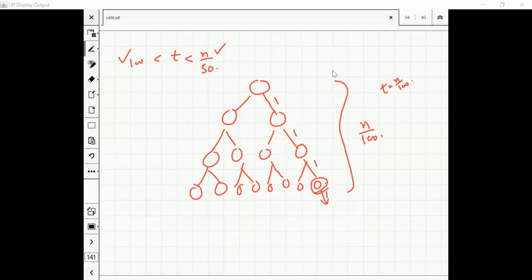If I have seen less than, let's say, t minus 1 ones, then for most of the remaining inputs, my answer should be 1.